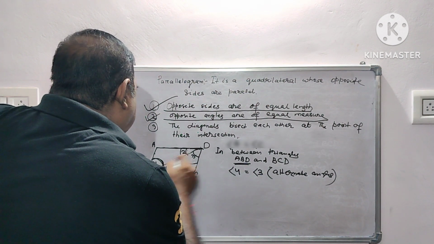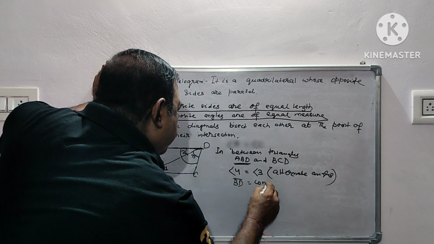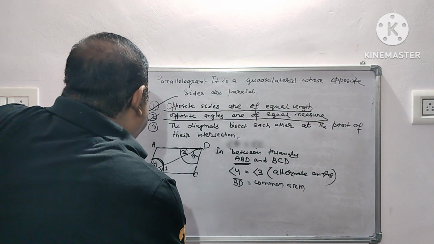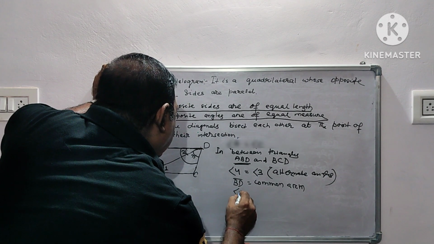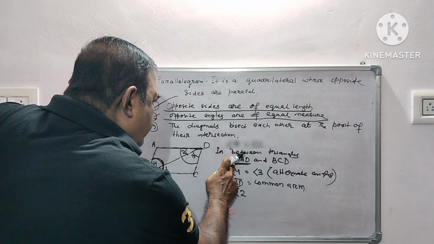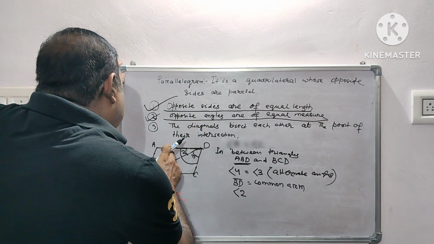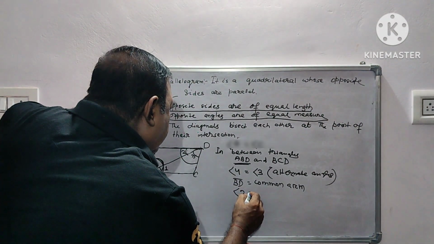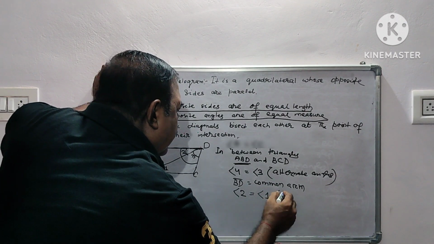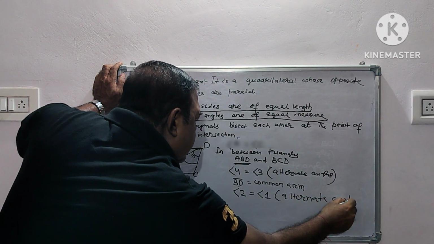Then you see BD, common arm, and angle 2, because as we have written ABD triangle first, so we will start the information from that angle. So angle 2 that goes to ABD angle. So angle 2 measures equal with angle 1 of BCD triangle. So alternate angles.